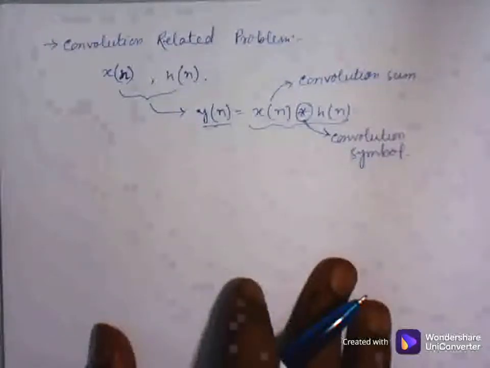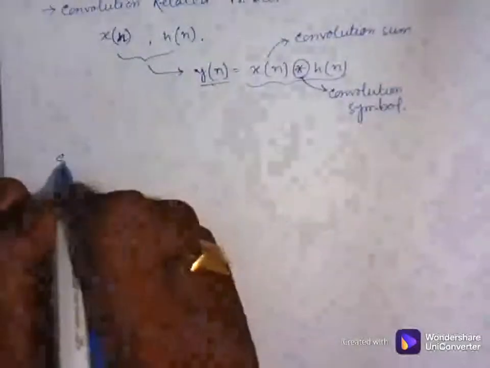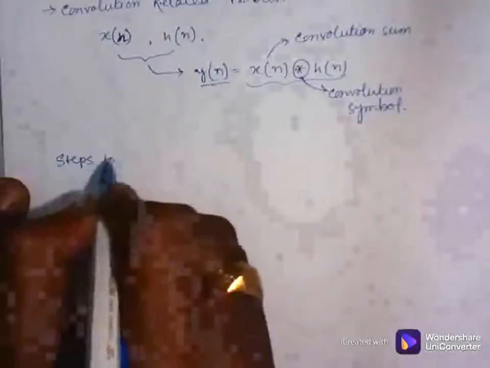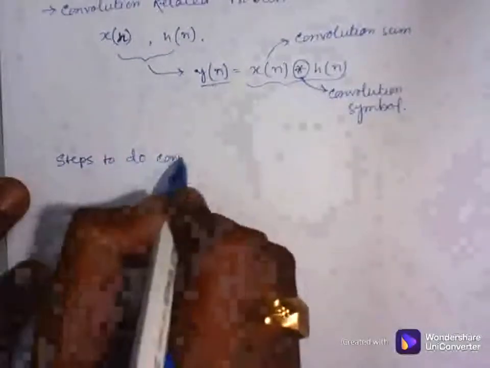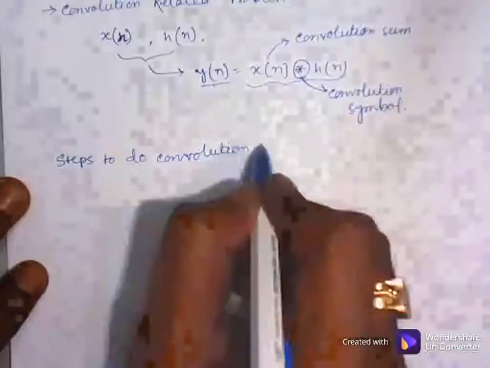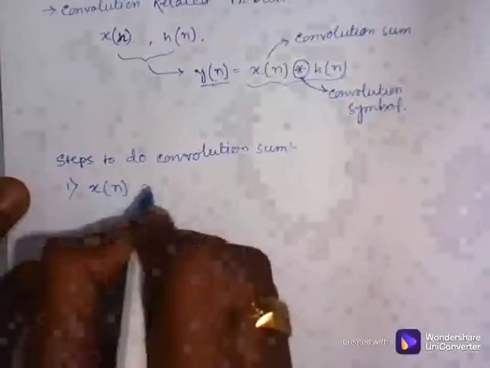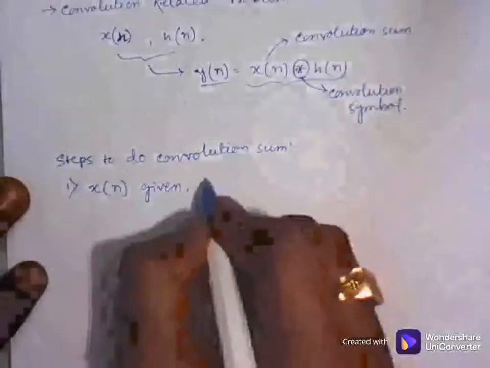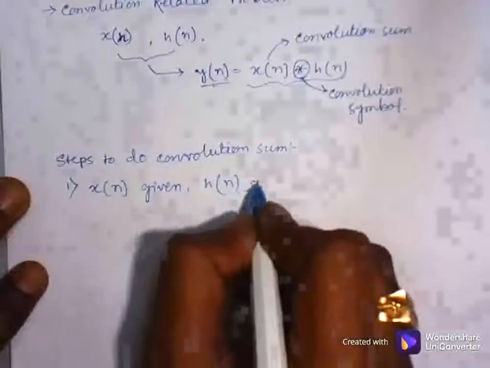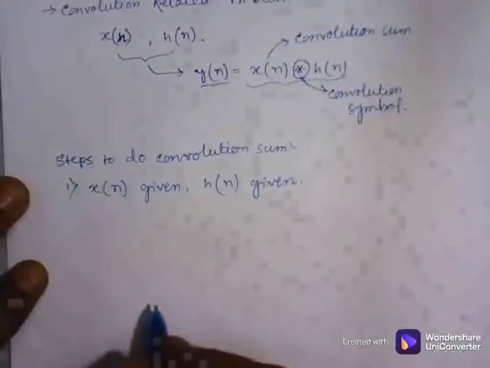So the steps to do the convolution sum: the first one is, x of n is given and h of n is also given. You have to write both sequences.